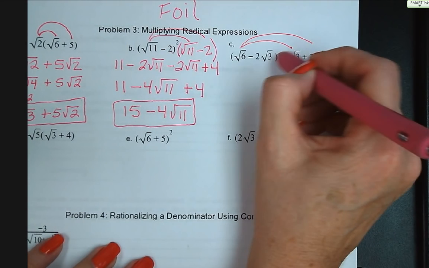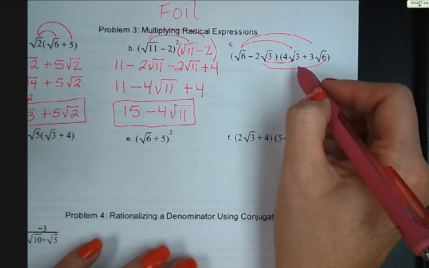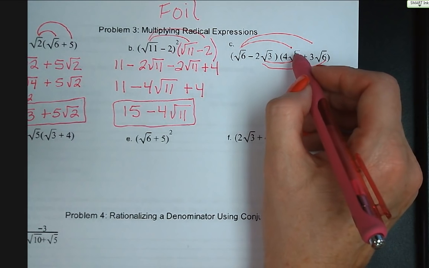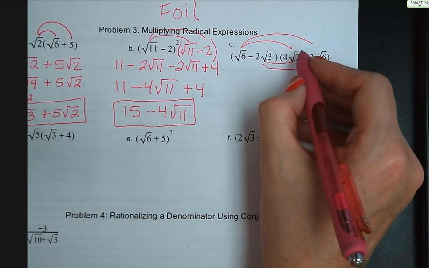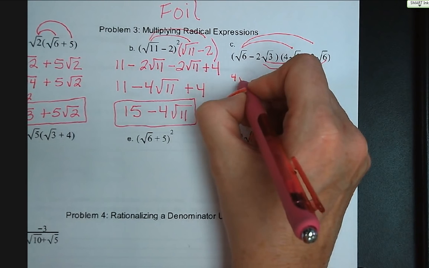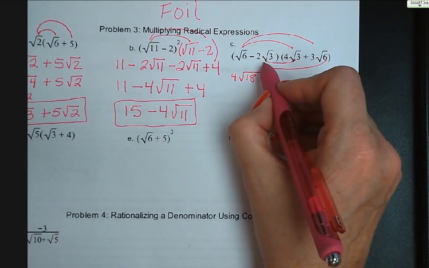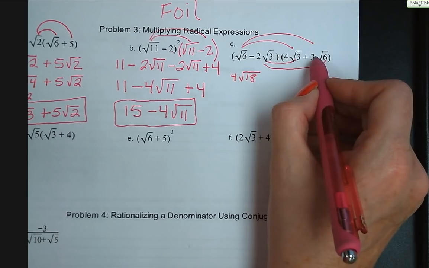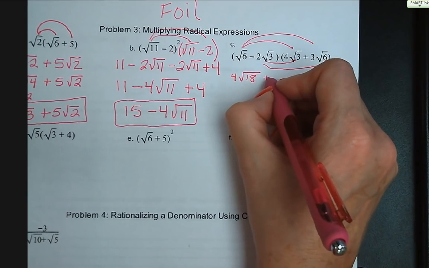Letter C. Ooh, Mr. Bowling got mean on this one. Jeez. So the square root of 6 times 4 square root of 3 is going to be 4 times the square root of 18. Outer, we've got the square root of 6 times 3 square root of 6. So that's going to be plus 3 root 36.